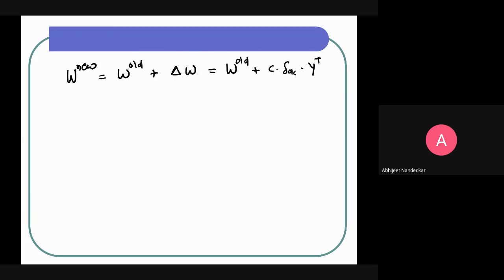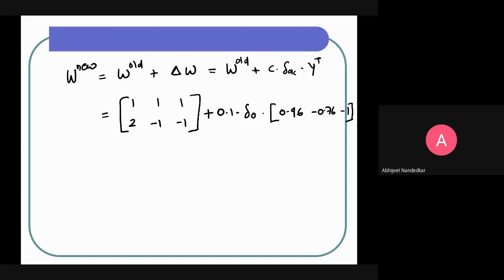Now we will update the output weight. This is the old weight vector we have assumed, plus the learning constant, suppose I take 0.1, into the delta O vector multiplied by the input, that is y.